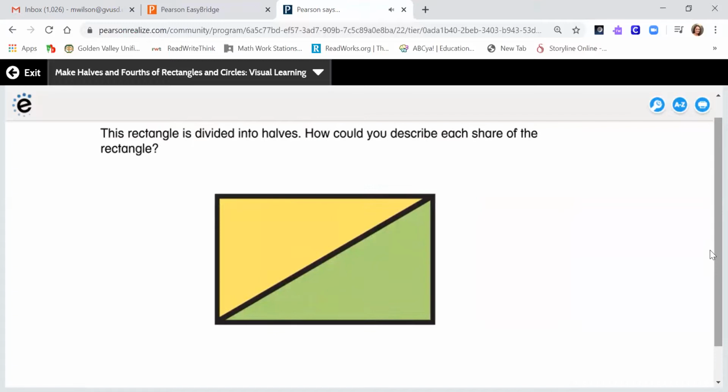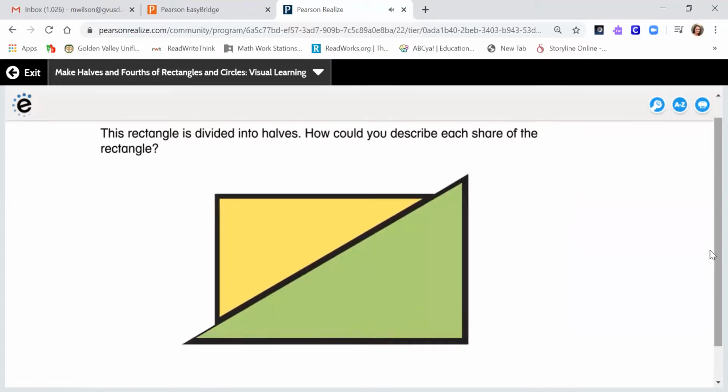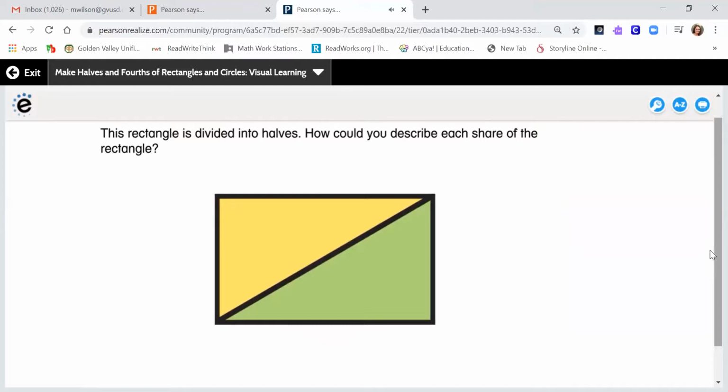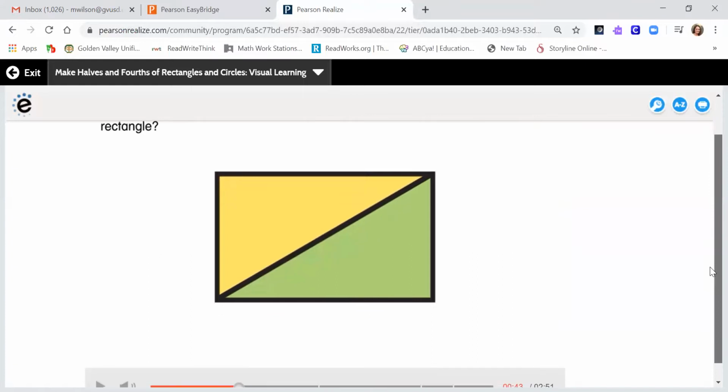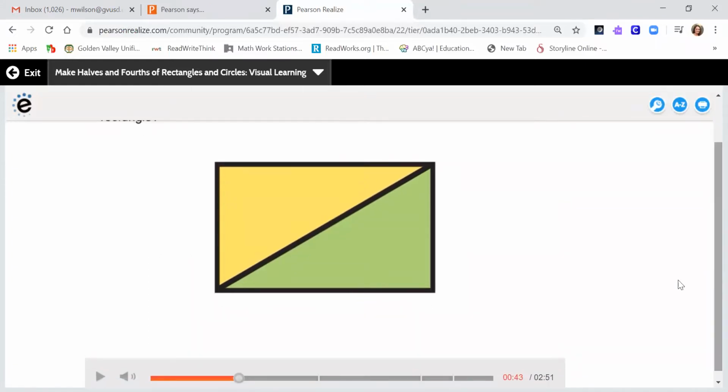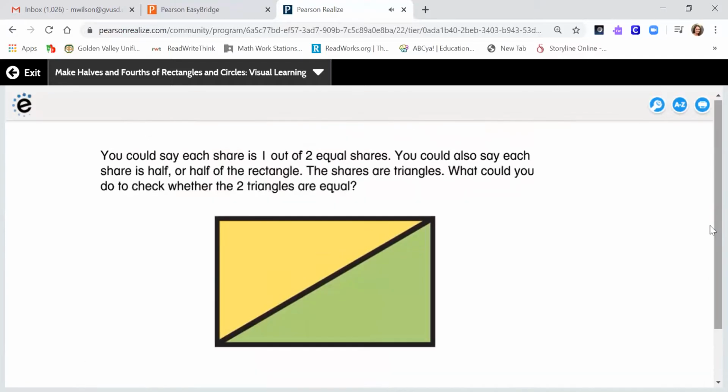This rectangle is divided into halves. How could you describe each share of the rectangle? Each of the shares is 1 out of 2 equal shares, or half. You could say each share is 1 out of 2 equal shares.